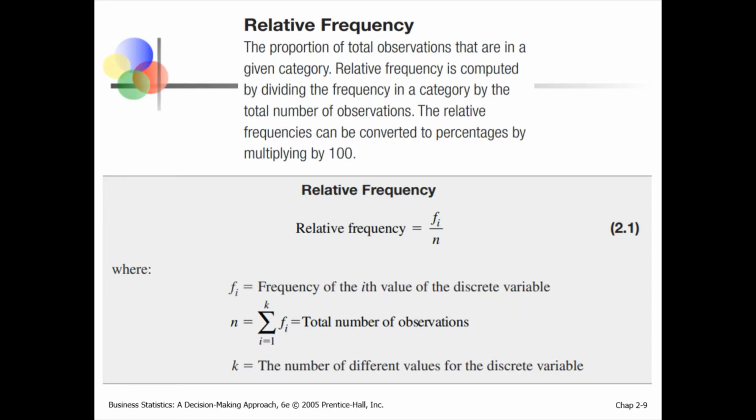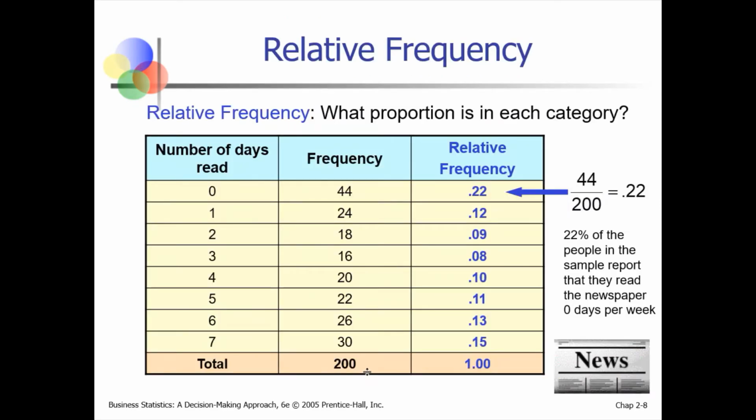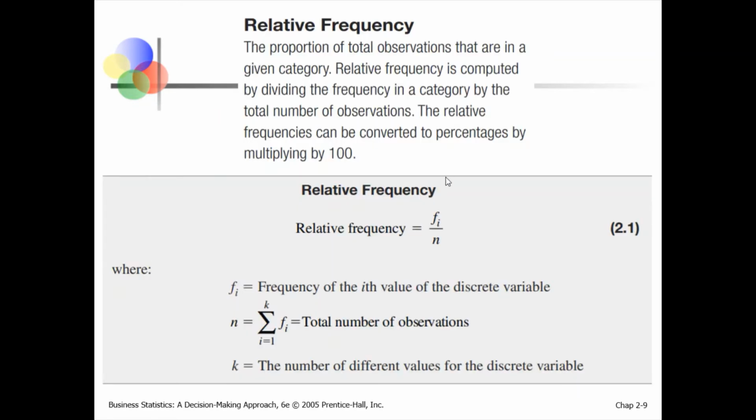So kanidi ay this is total number of observations. This is what you call total number of observations or your sample size. Okay, this one is values or category values. You can simply call this as category. Okay, so relative frequencies can be converted to percentages by multiplying by 100.